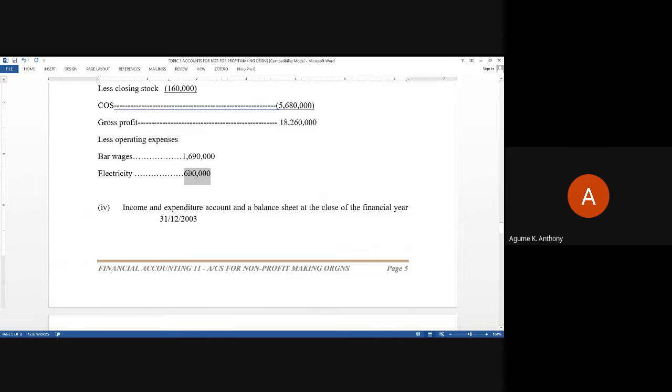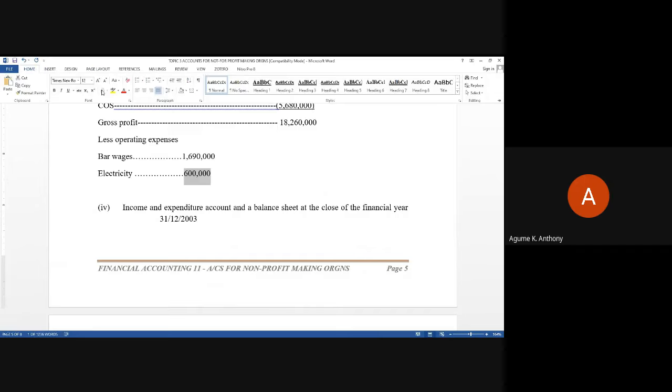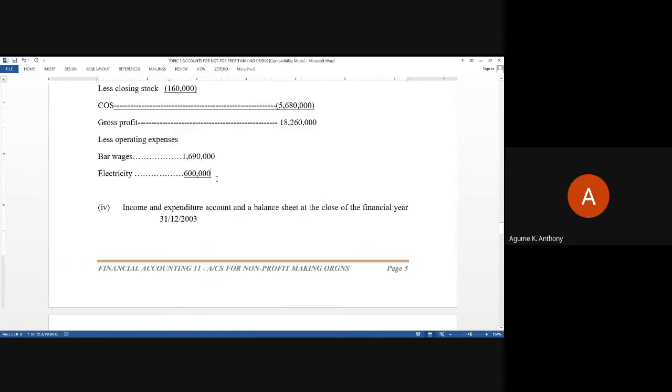So when you add the expenses, I think those are the only expenses that I have in regard to the bar. If you add the expenses, you are going to have 2,290,000.